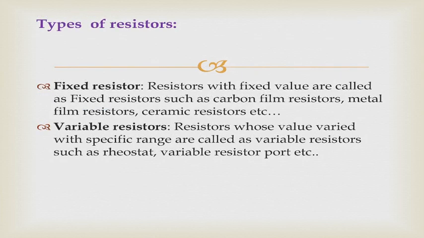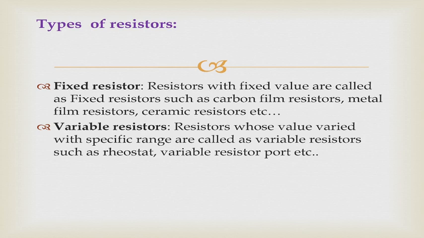There are different types of resistors. Basically, the two types I have mentioned here are fixed resistors and variable resistors. Resistors whose values are fixed irrespective of the use in the circuit are called fixed resistors, such as carbon film resistors, metal film resistors, and ceramic film resistors.